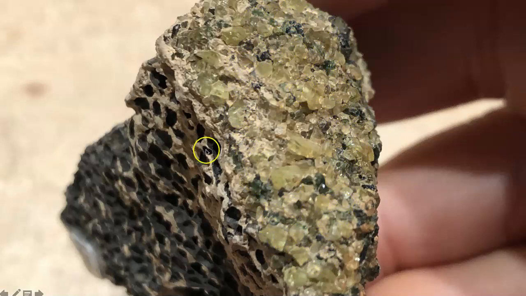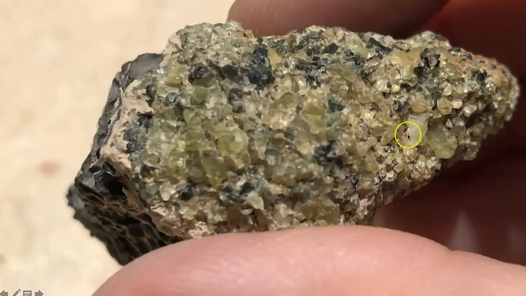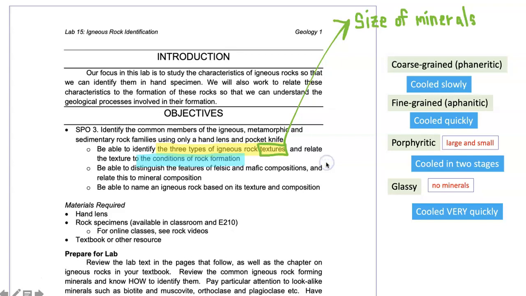And these are actually two different rocks that are adjacent to each other or stuck to each other, and I'll explain them later. But the rock that we want you to look at for lab is this part right here, not this part. So this would be fine-grained, but this part here is coarse-grained. And here's another look at it. Mostly this green mineral is olive green, which should give you a hint as to what it is.